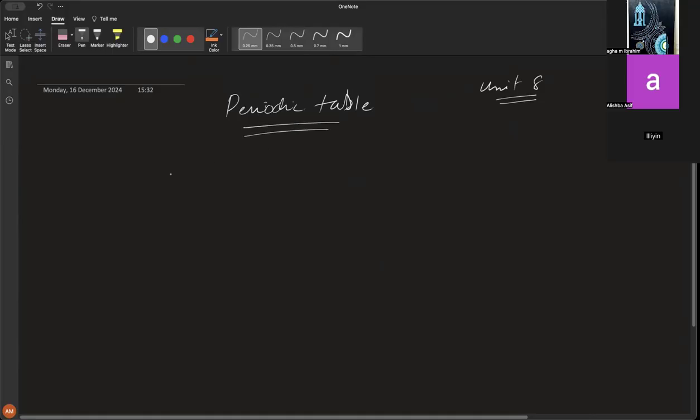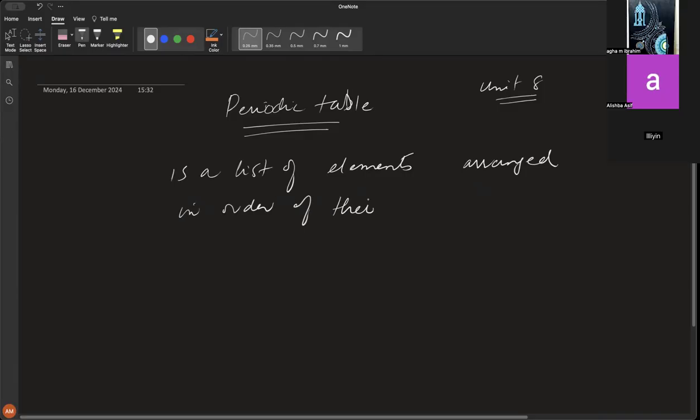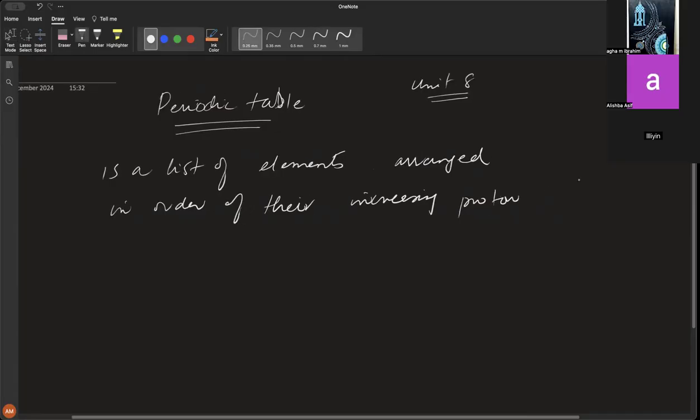It is a list of elements arranged in order of their increasing proton number. Proton number.